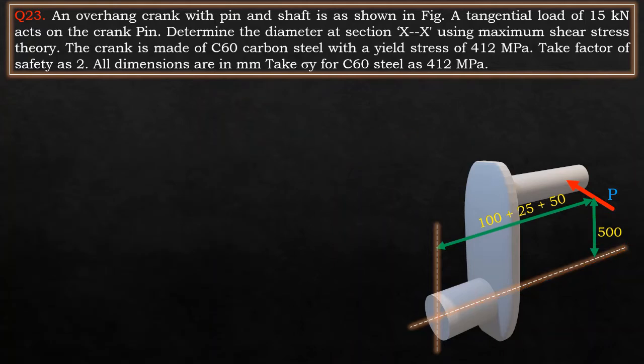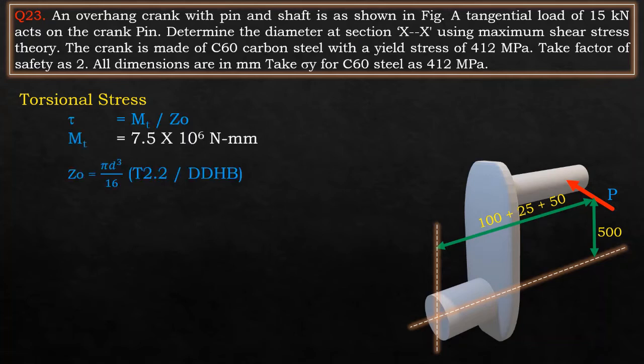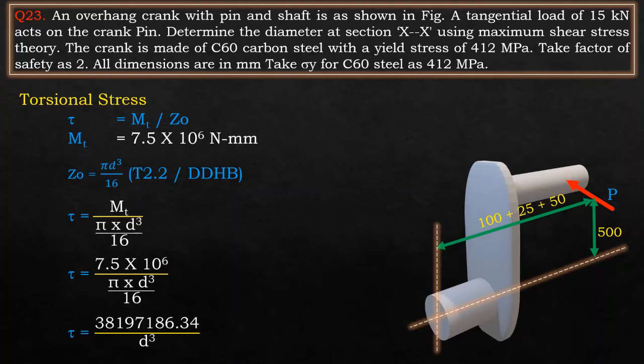Using this torque or torsional moment, we'll be trying to find the torsional stress. Tau is equal to Mt by Z0. Z0 can be obtained from the data handbook, whose equation is pi d cube by 16. By substituting the value of torque in the torsional equation, we'll be obtaining the torsional stress in terms of d cube.